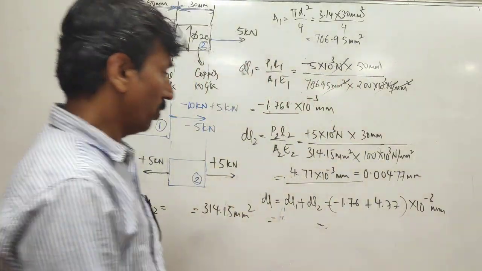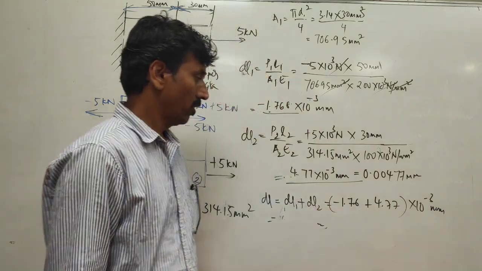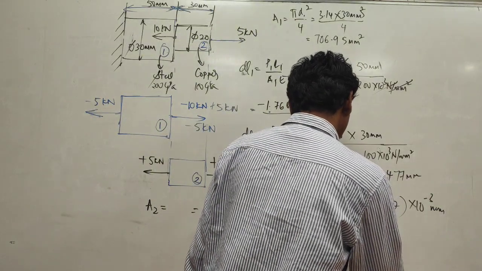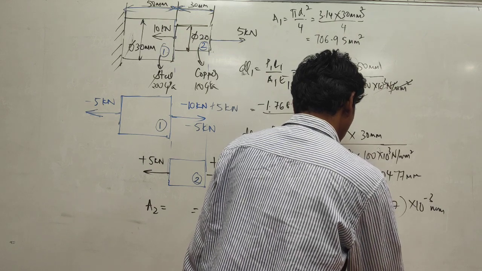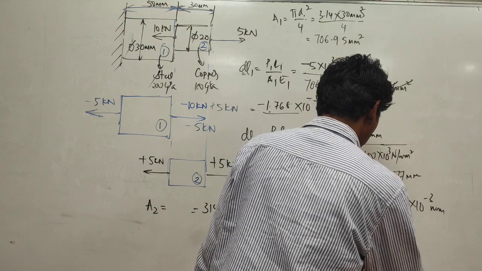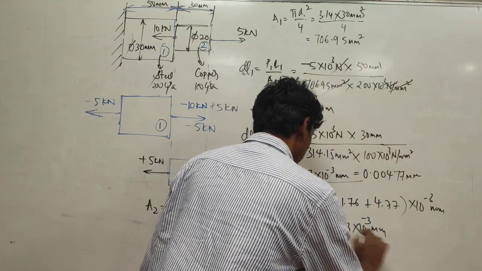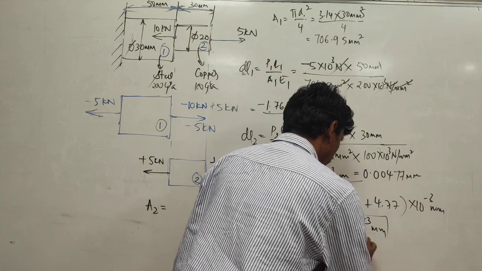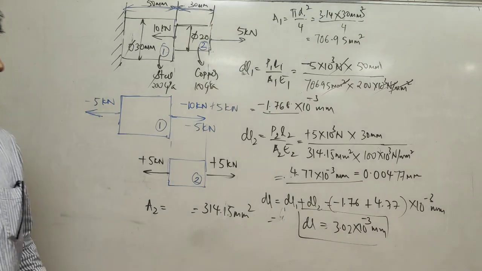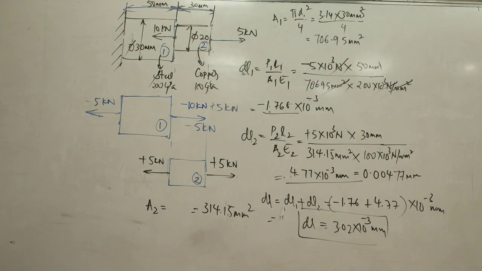That comes to about 3.002 into 10 to the power of minus 3 mm, around that value. Okay, something like this. So the problem could be solved like this.